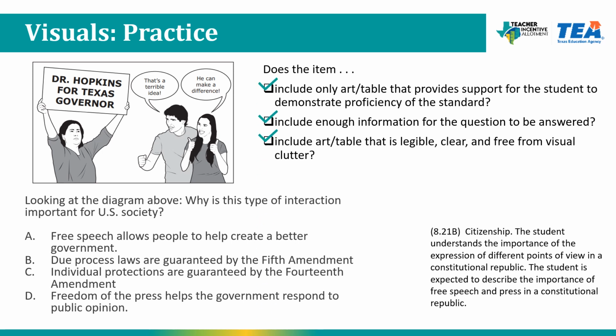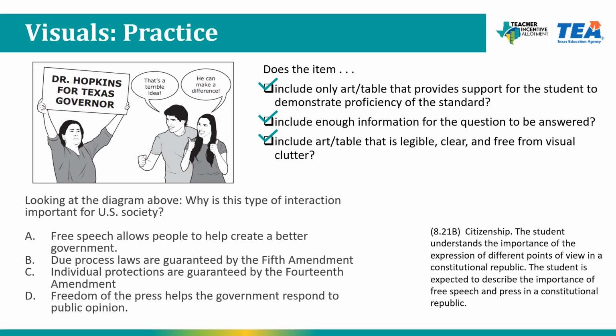In examining the visual related to the TEKS on citizenship, focusing on the importance of free speech and press in a constitutional republic, it effectively supports the standard. The visual depicts individuals expressing varying opinions on a gubernatorial candidate, aligning with the idea of political expression.